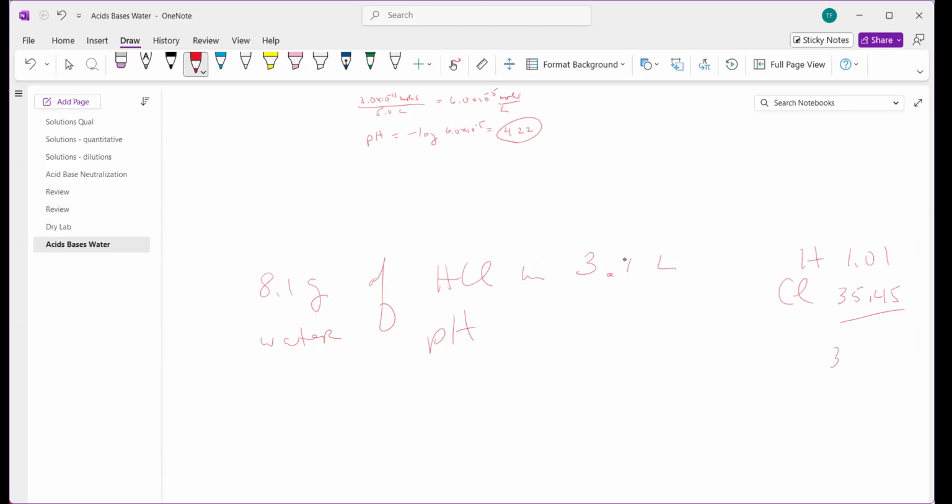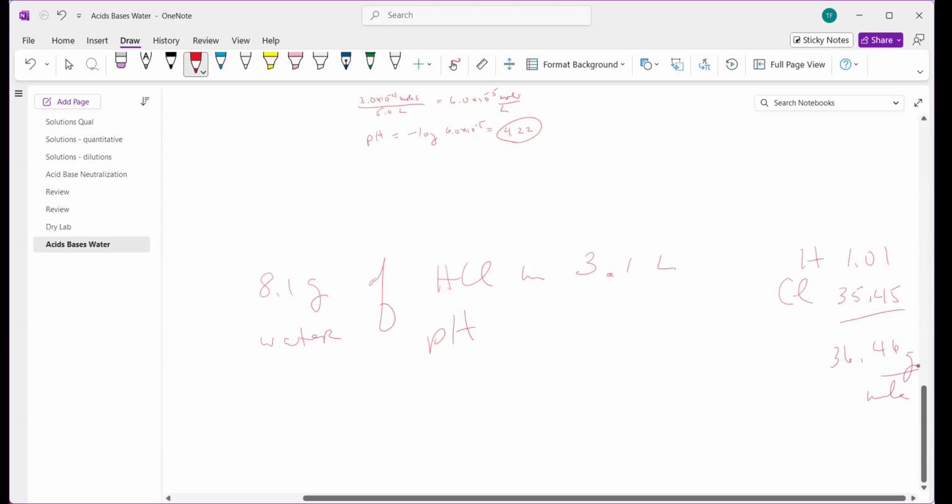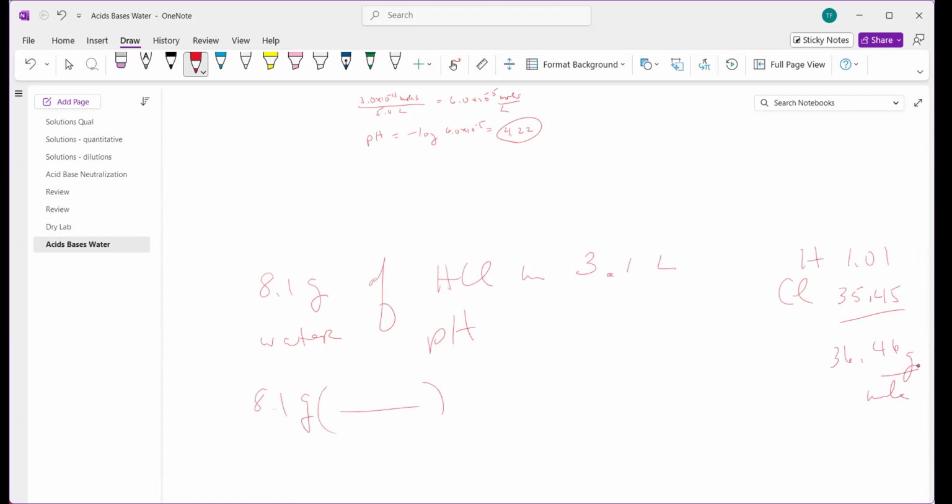So we're looking at 36.46. Okay, so we have 8.1 grams, all over 3.1 liters.